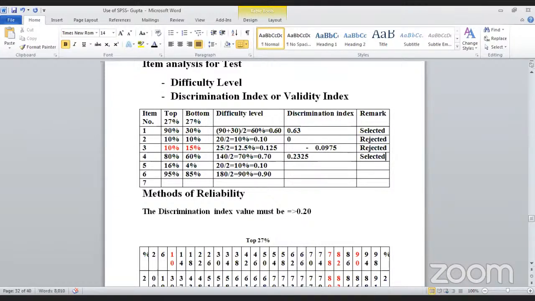If you are developing or standardizing a test for an entrance examination, like IIT or IIM, then naturally the majority of your questions must be difficult. So the difficulty level must be very high. Okay. So that is the point which you have to keep in mind.